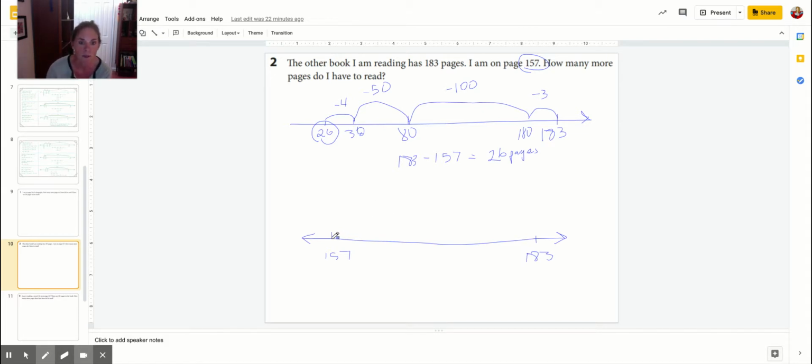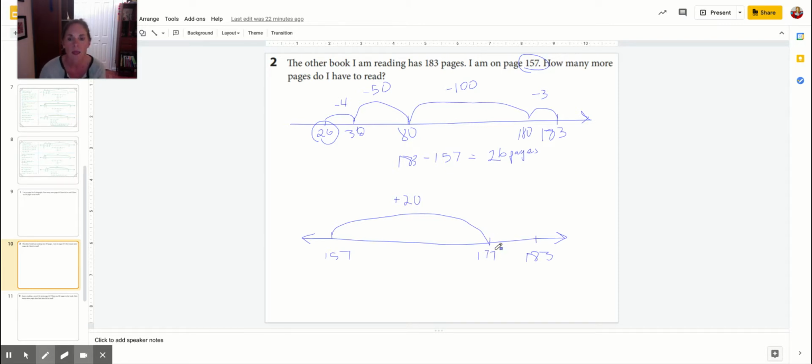So 157, what do we want to add? 30? What if we add 30? Well, no, that's too much. Let's add 20. From 157, 167, 177.